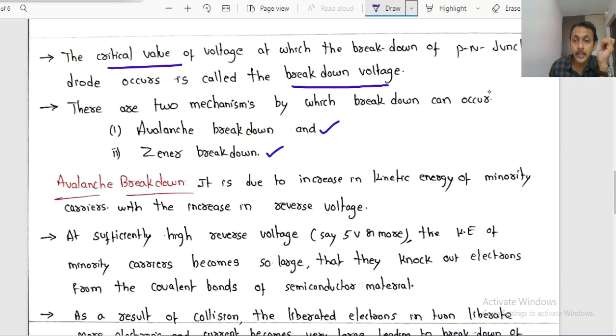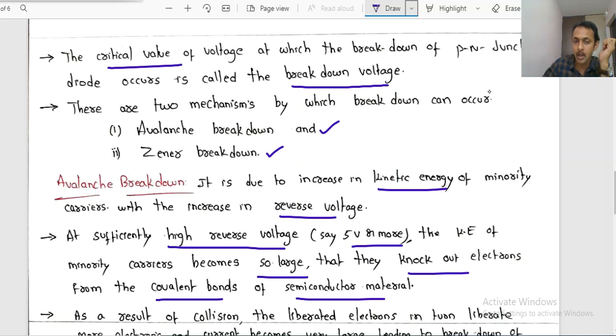Due to the increase of the kinetic energy of the minority carriers with the increase in the reverse voltage, there will be the avalanche breakdown. It is mainly due to the kinetic energy obtained by the minority charge carriers. For example, at a sufficiently high reverse voltage of some 5 volts or more, the kinetic energy of the minority charge carriers will become very large, so that it will knock out the electrons from the covalent bonds of the semiconducting material.